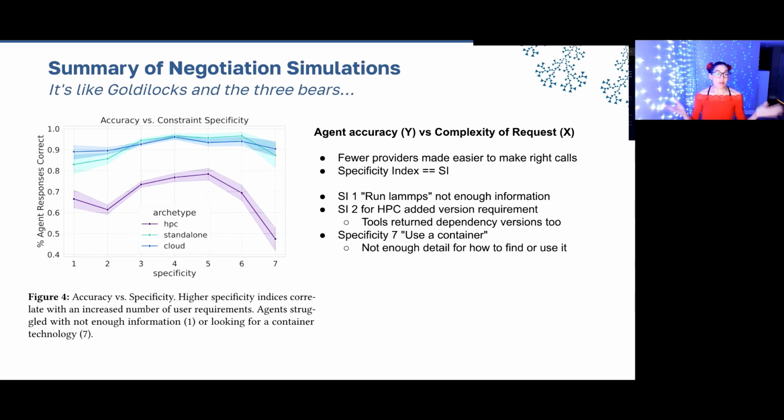And I'll give you an example of why this happens. So for 7, we often would say use a container. And what we saw in practice as we watched these runs, as we looked at the results, is that the agent often didn't have enough detail to know how to find or to use it.